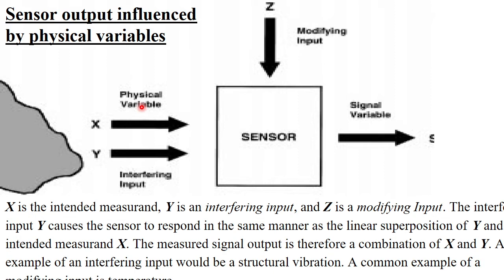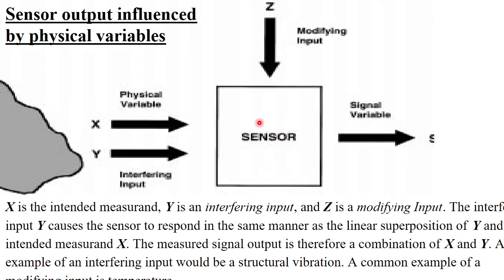So one way is some filtering technique. That again requires some knowledge about the physical variable which we are going to measure. Whatever detailing is there requires some domain knowledge in that particular area. And then there is some modifying input which is now acting in the sensor itself.